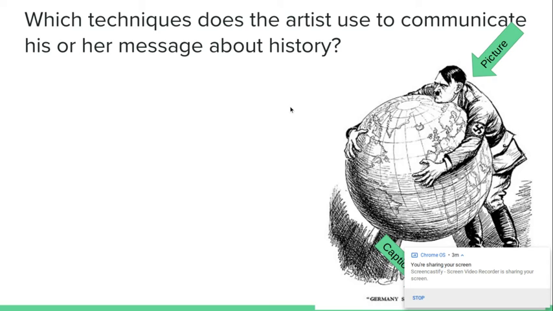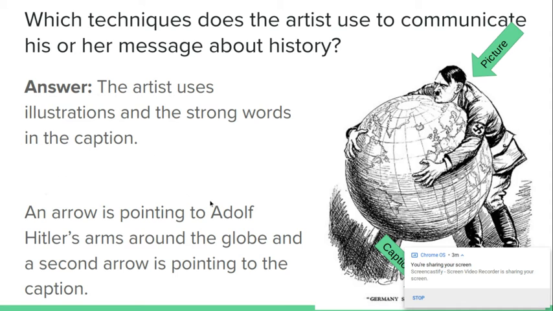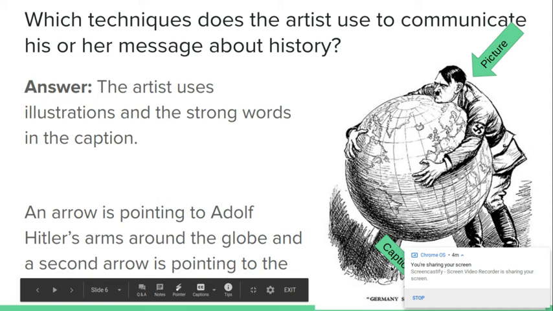The next part is, okay, these pieces of evidence communicate the claim. What are the techniques that are used? And that is the picture or illustration, and also the caption and the strong words written in the caption.